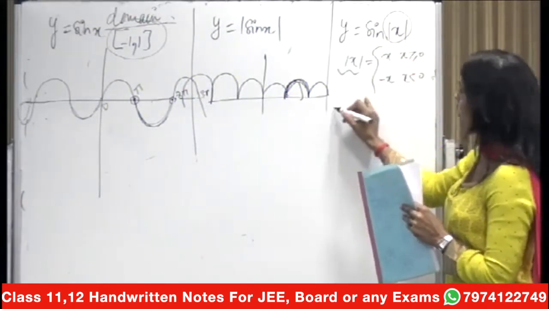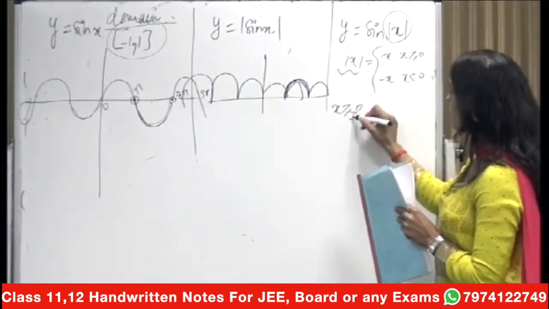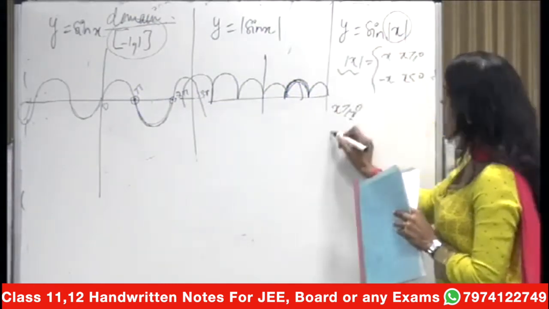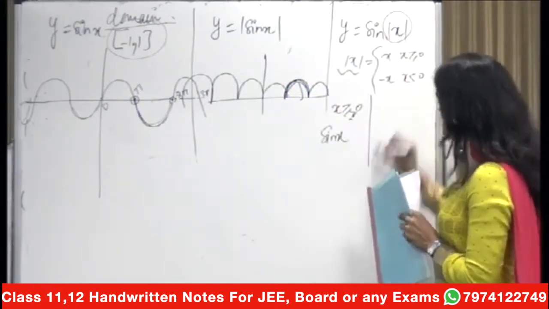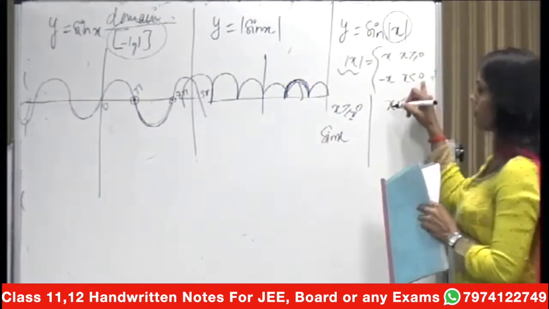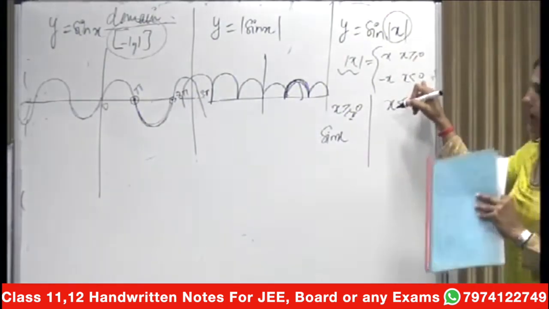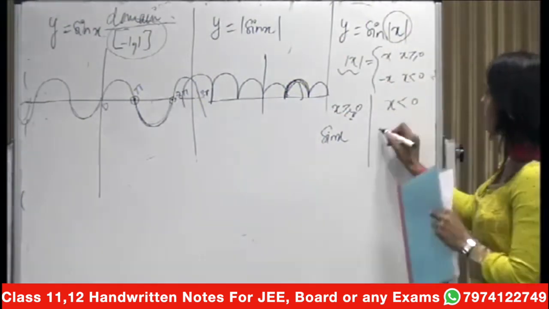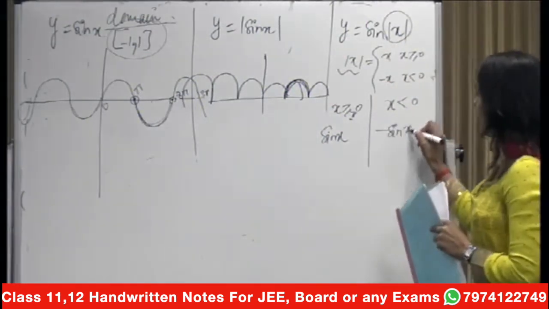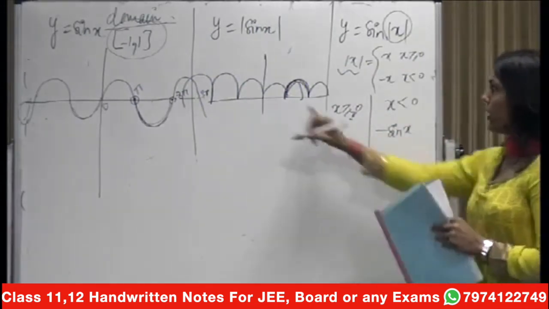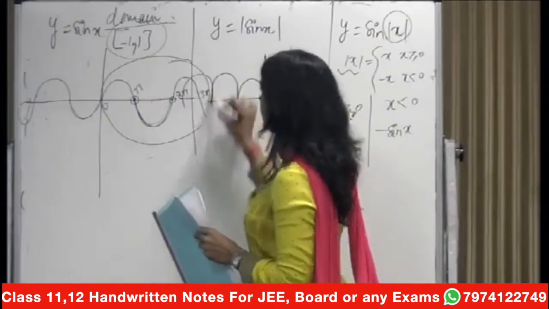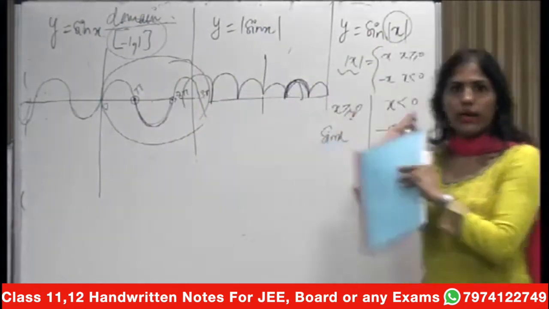For all x greater than or equal to 0, this value will be sin x only. But if you take your angle negative, this value will become sin of minus x, and on the right you will get this graph. Is it fine? On the right you will get this graph.